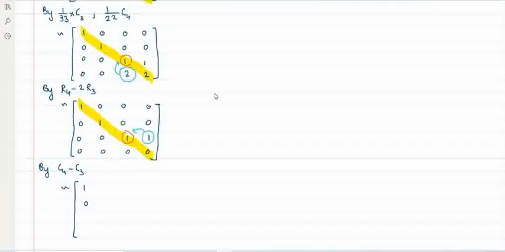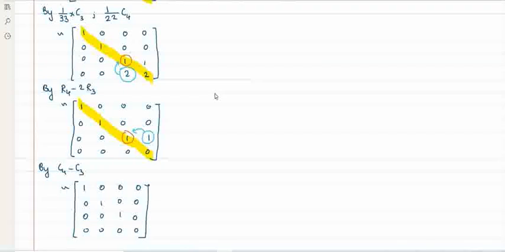First column, no change, 1, 0, 0, 0, 1, 0, 0, 0, 0, 1, 0. Both are identically the same, so the new resultant column is 0. Now in this matrix, fix the diagonal entry.